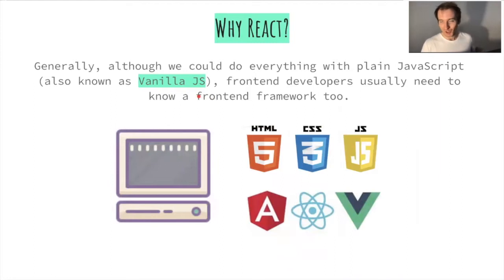Like, why can't we just use these three building blocks to create our applications? And indeed, we could actually write absolutely everything that we want to create in terms of an application purely in terms of raw JavaScript. When we do this, there's this word called vanilla.js, which is sort of a little bit of a joke because all of these JavaScript libraries like Node.js and React.js always end in JS. So it's a great way to kind of freak some people out by calling just regular JavaScript vanilla.js, like plain JS.